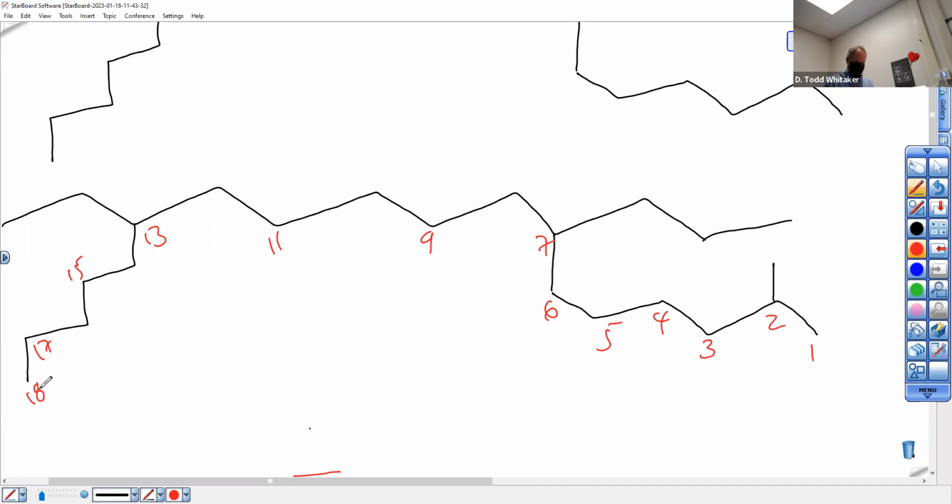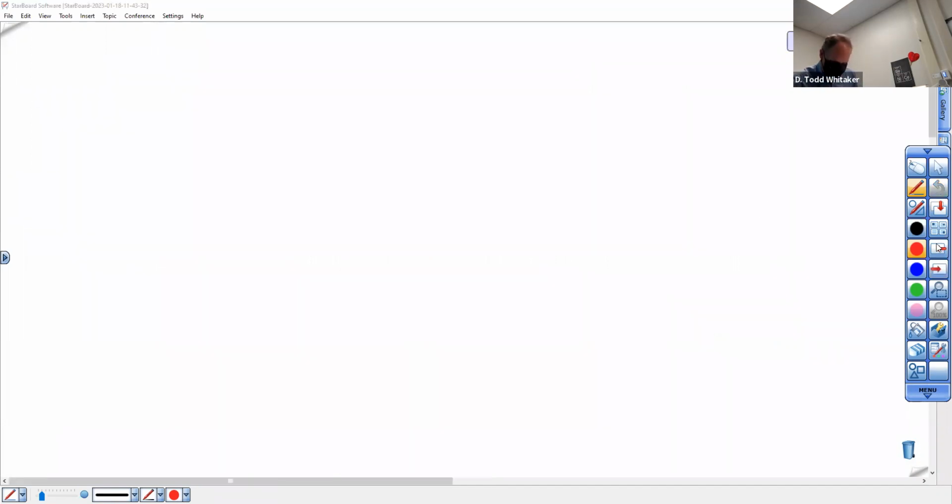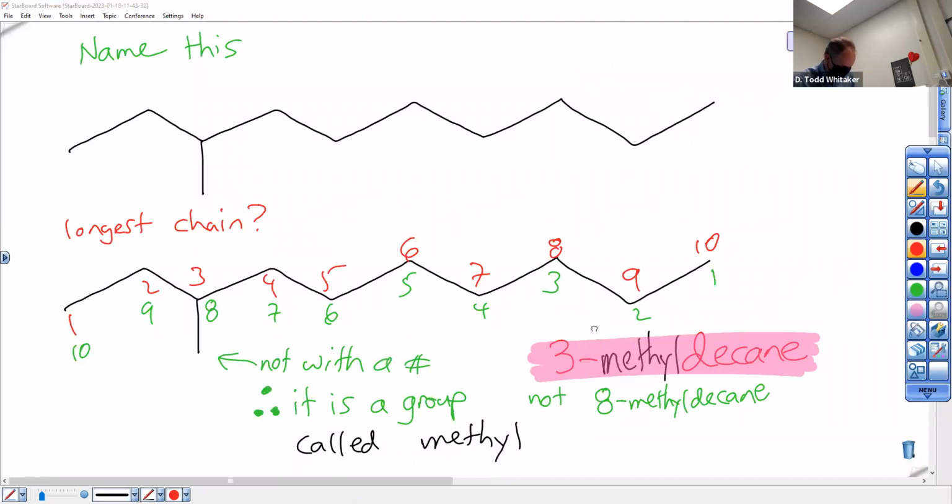On the previous question, I am curious why you chose the red over the green. Because of this rule right here. He asked, why did I choose red over green? The rule is you choose the direction that puts the group, the first group, on the lowest possible number. So green put it on 8.